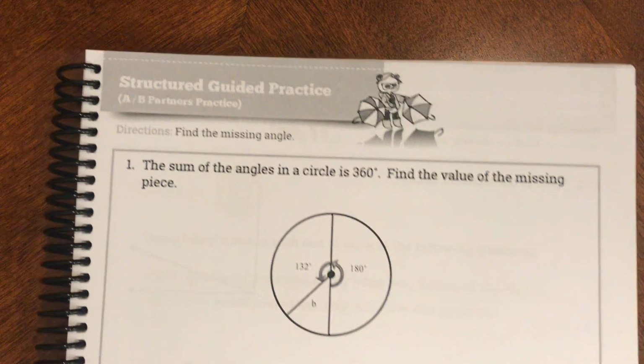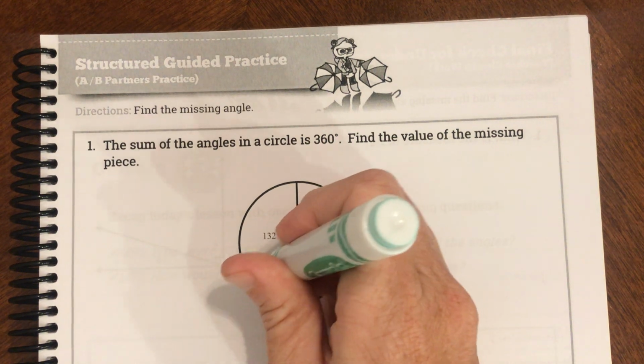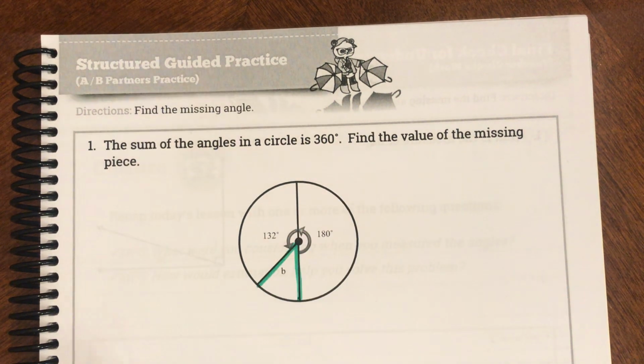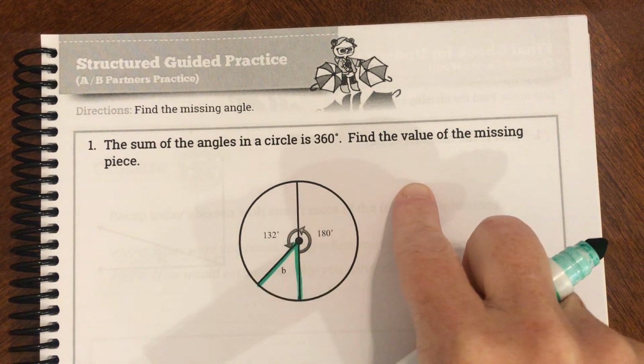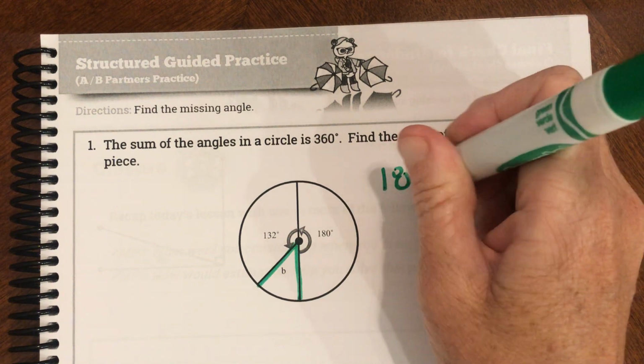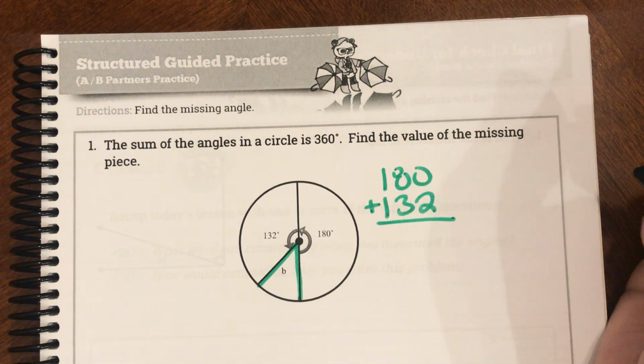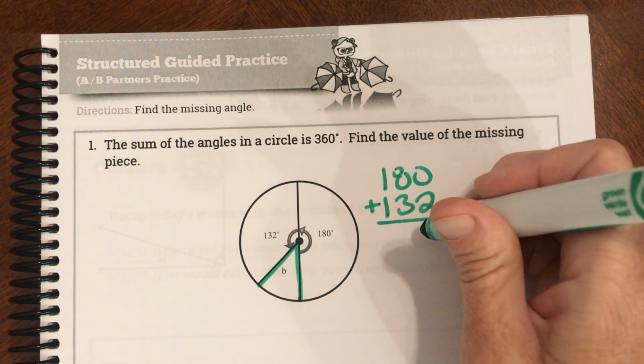Here is our book. We're on page 214 together. It says the sum of the angles in a circle is 360 degrees. Find the value of the missing angle. So they want to know what that equals. Well, if they told me the whole thing equals 360, we could say 180 plus 132. So we're going to add what we already know.